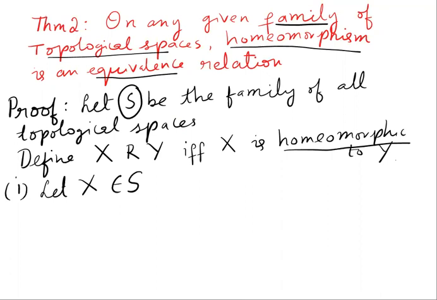So consider the identity function from X to X itself, defined by I of x equal to x. Now this identity function is definitely bijective.